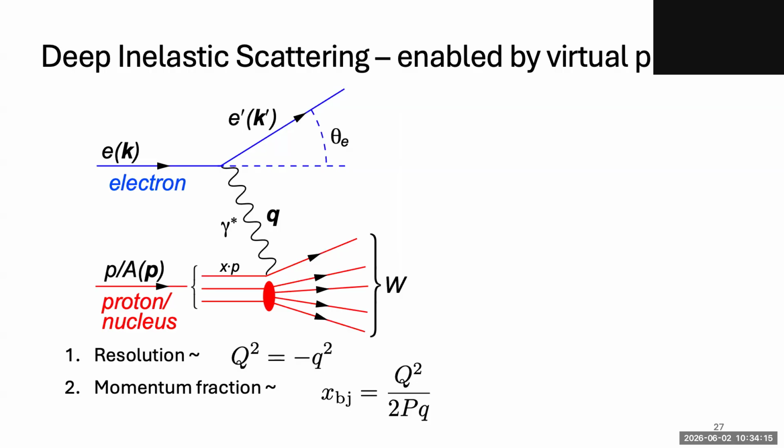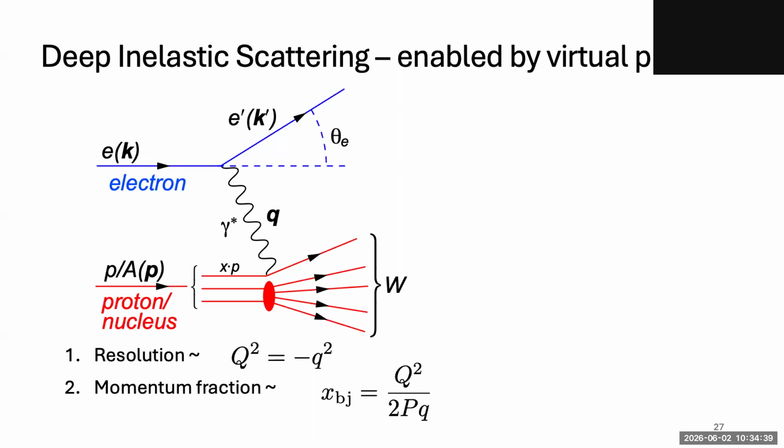It's not sufficient to describe the inelastic scattering. You need a second independent variable, which is, you can say, the energy of the photon, or we can say momentum fraction, so-called XBJ. This is actually a little bit tricky if you think about what an XBJ is. I'm going to talk about this right now.